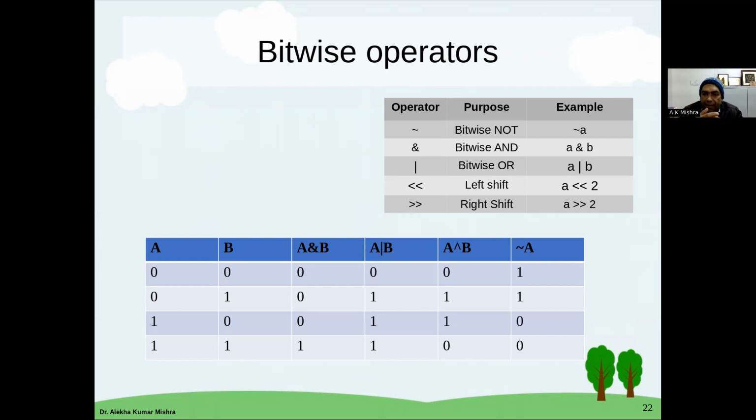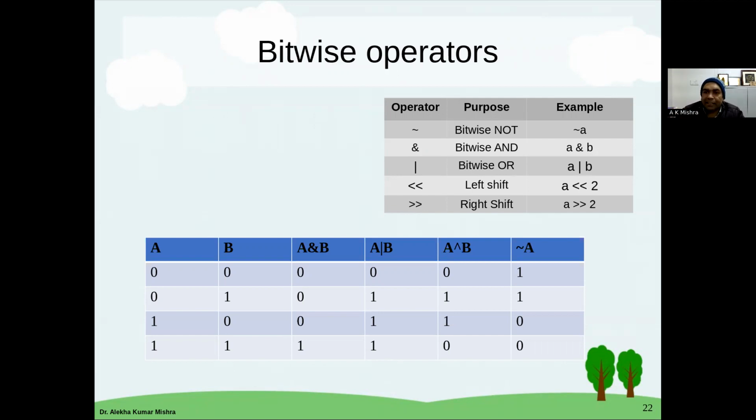For example, a character is generally stored in 8 bits. If I apply this operation, it will be performed in an iterative way 8 times, on each bit position, from the rightmost bit to the leftmost bit, or the least significant bit to the most significant bit. That's why they are called bitwise operations.